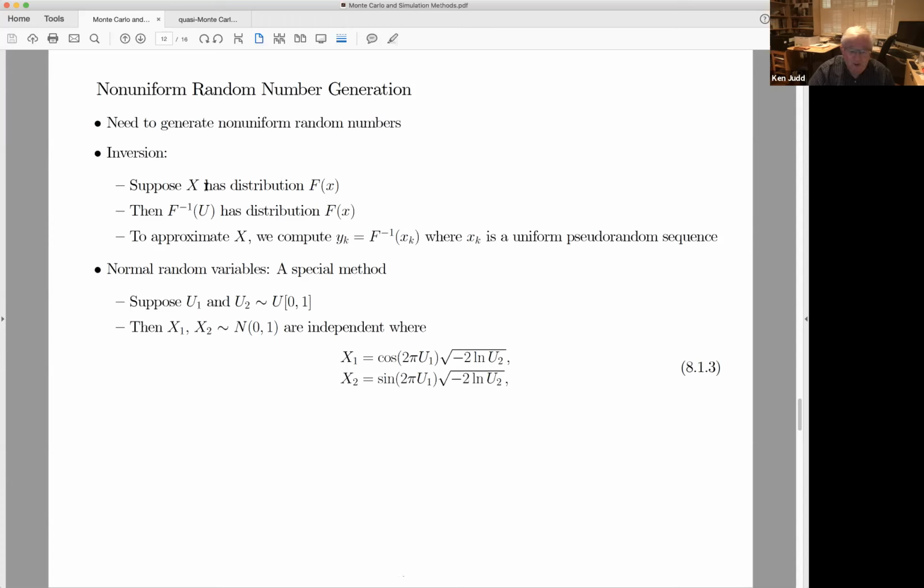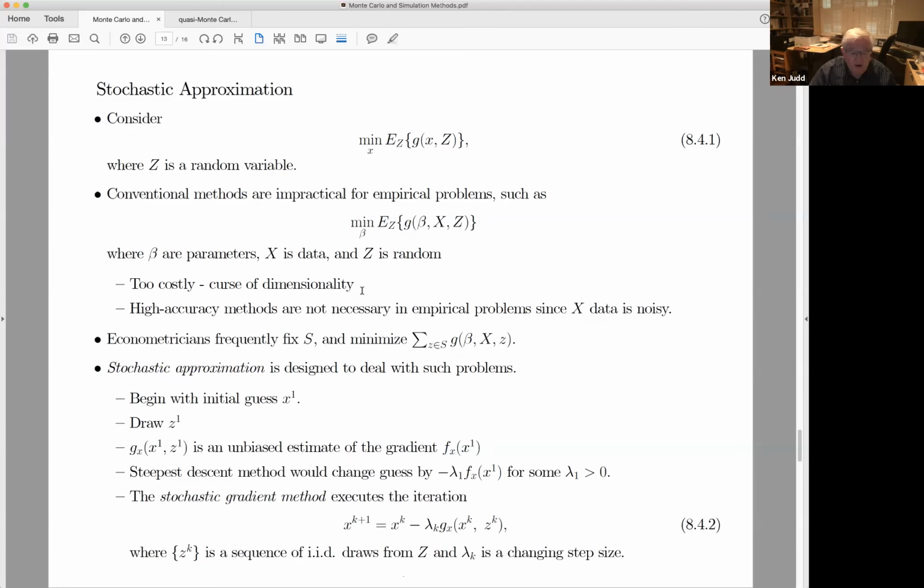Suppose your random variable has a distribution big F of X. Then all you have to do is compute draws from the uniform and then hit each draw with the F inverse of that point, and that's going to give a sample with a distribution F. Again, there are special methods sometimes for these things, but typically everything boils down to doing a uniform random variable.